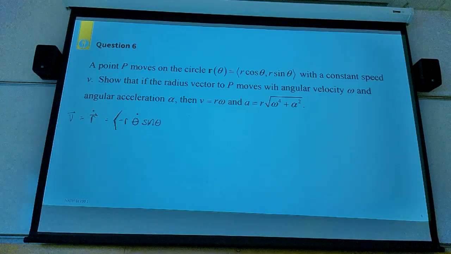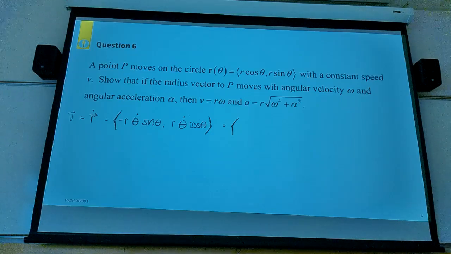So you have to use the chain rule. The theta dot, derivative of theta with respect to time.